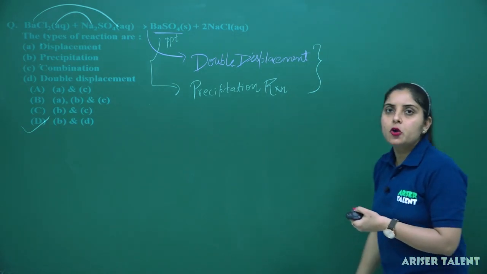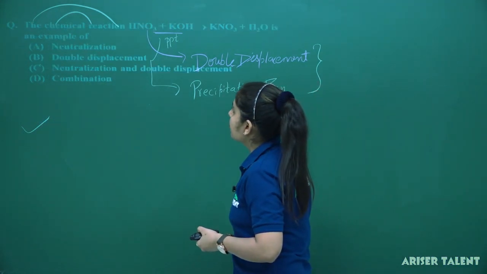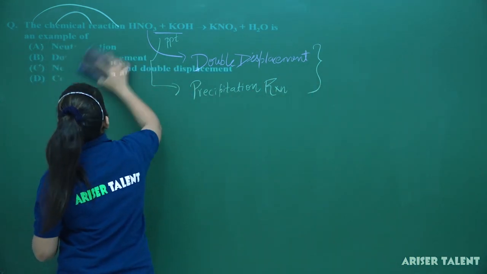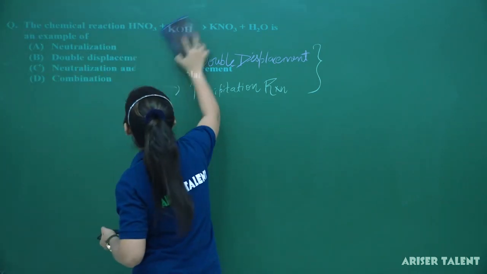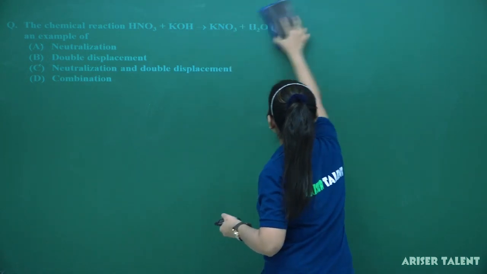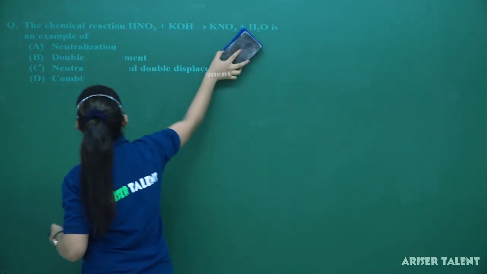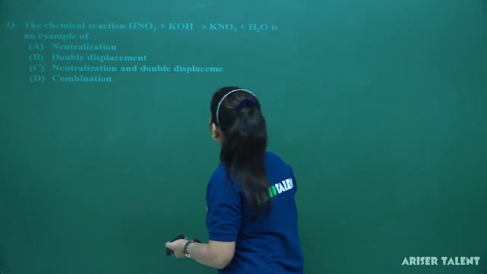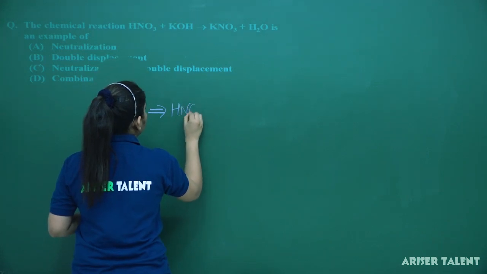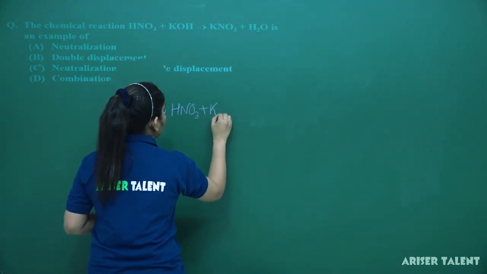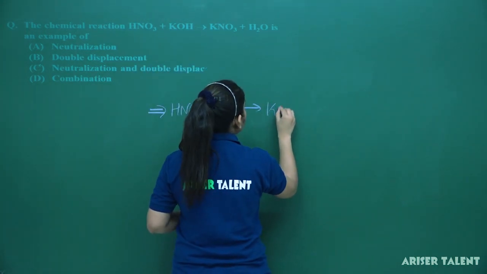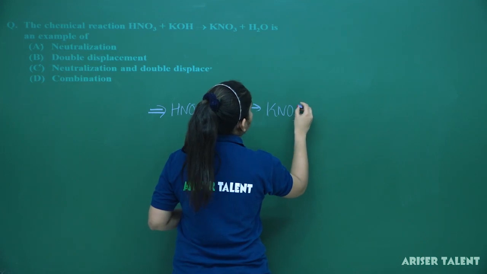Now we are on our next question. The chemical reaction HNO3 plus KOH gives KNO3 plus H2O is a kind of reaction. So we have the reaction here, HNO3 plus KOH gives.